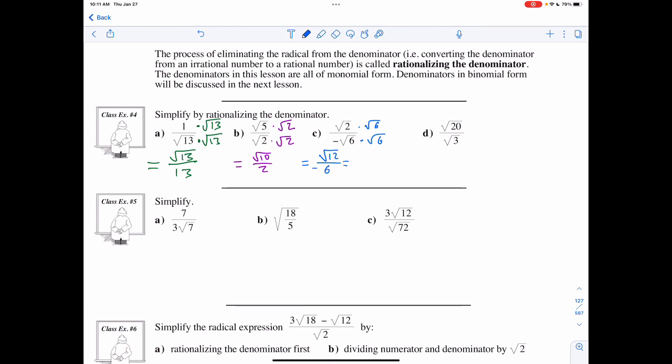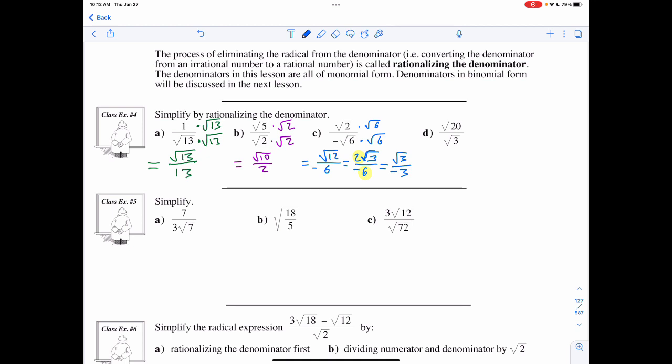The square root of 12 can be reduced, so that's going to be the same as 2 root 3 over negative 6. And I can see that there is a common factor I can pull out of here, and that's going to give me root 3 over negative 3.